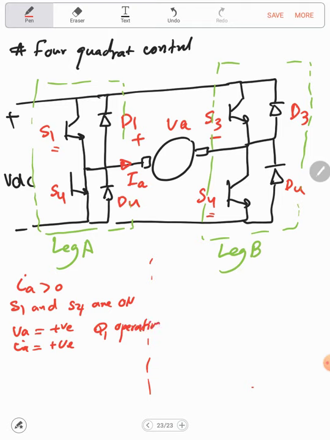Now let's see the scenario when the current freewheels via S2 and D4. Oh, sorry, this is the S2 and this is the D2. So now S2 and D4 are conducting.